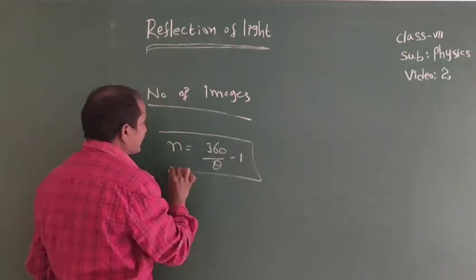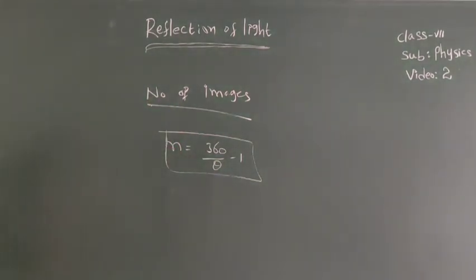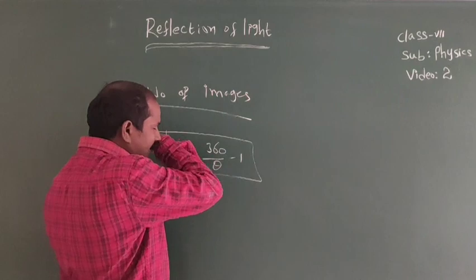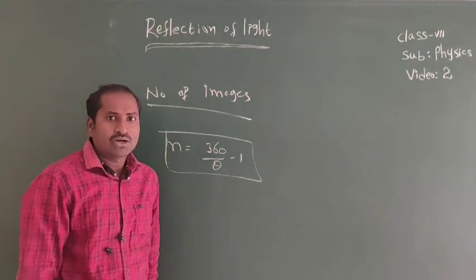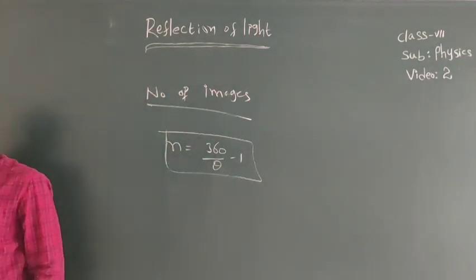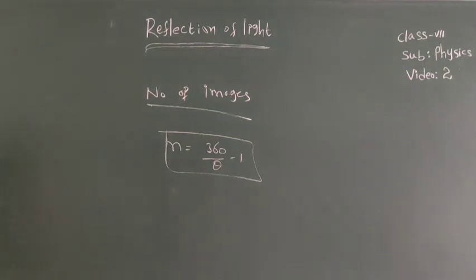It is the formula to find the number of images. The number of images depends on the angle between the two plane mirrors.